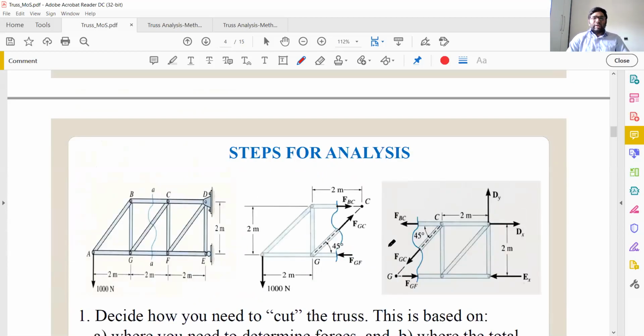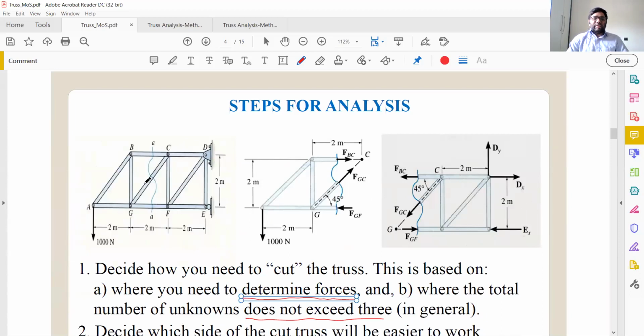So now if you see, this is the truss that is given, and you have to calculate the forces in the members BC, GC and GF. So what we did, we have cut a section that would pass through all these three members, and we are taking the left hand side.